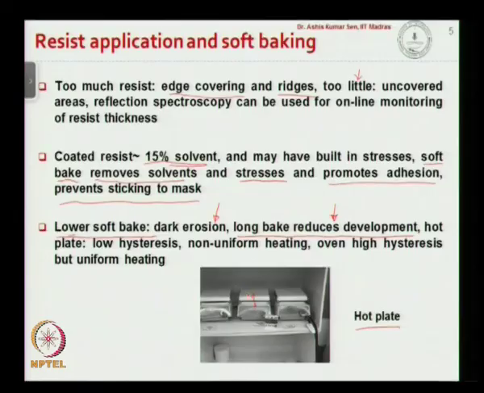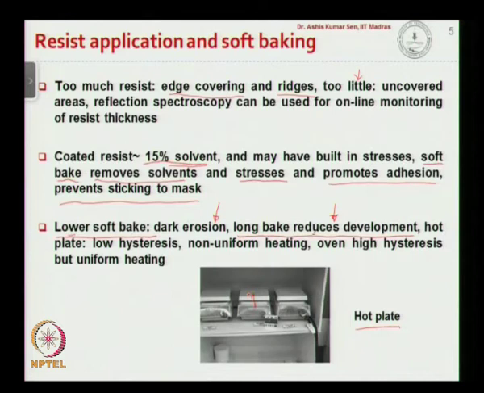So it has low hysteresis, whereas the heating is non-uniform. Because you have a heater at the center, there is always a temperature gradient from the center of the wafer to the edge, so the heating is not uniform. On the other hand, if you go for an oven, the heating will be more or less uniform throughout the surface of the photoresist, but the downside of the oven is that the hysteresis is quite long.